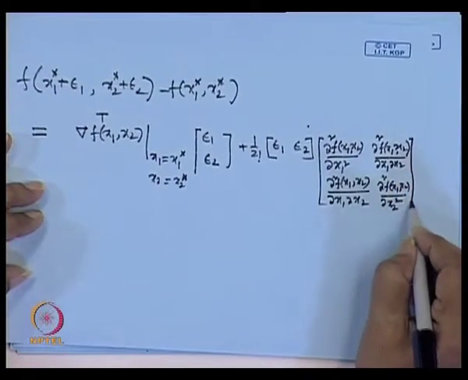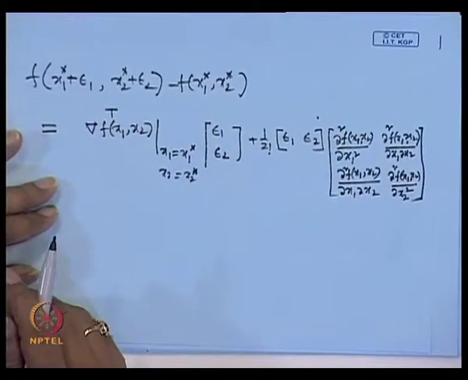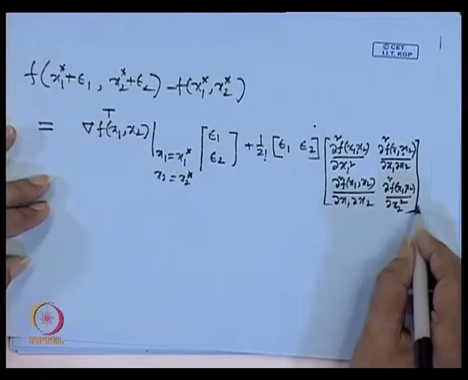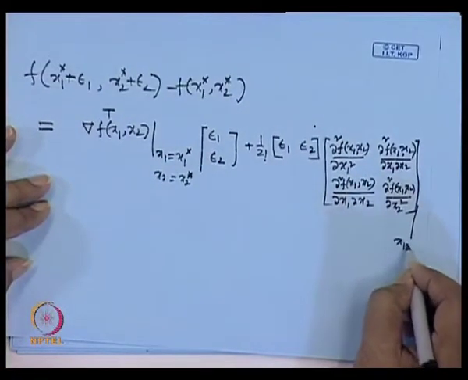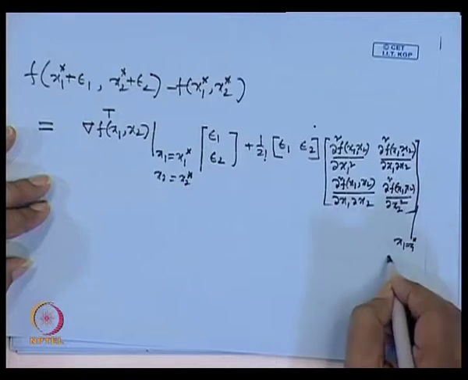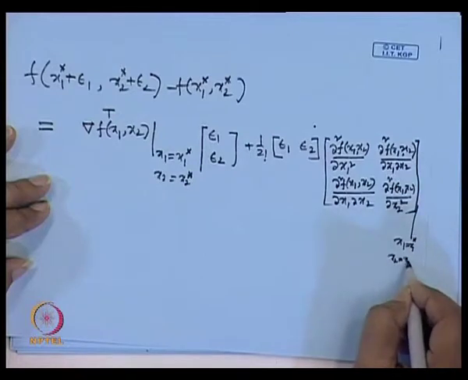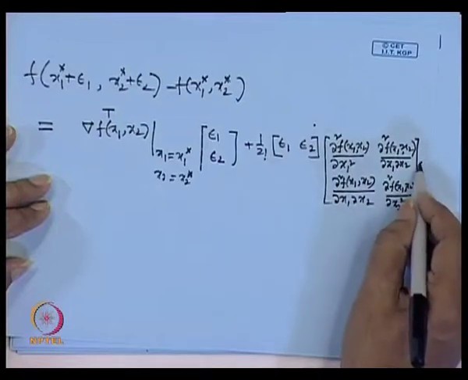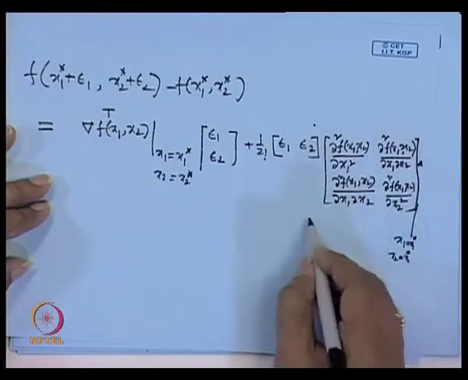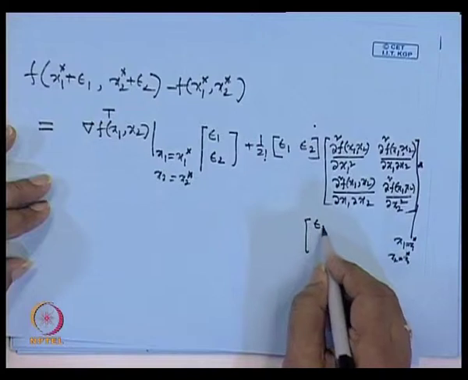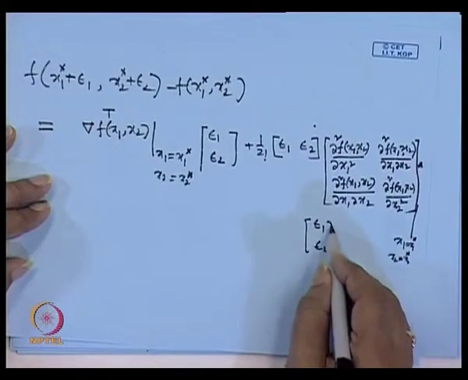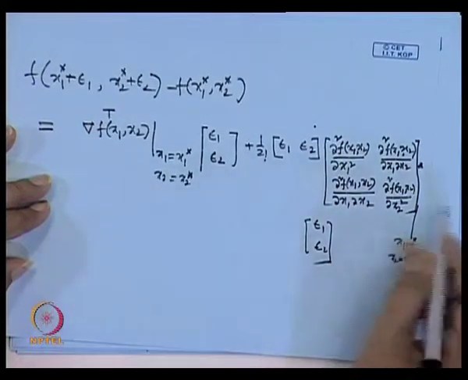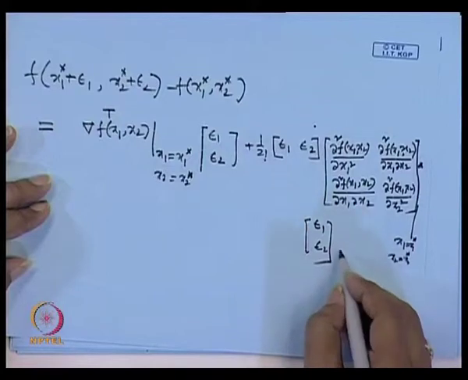And this value you have to calculate at x 1 equal to x 1 star and x 2 equal to x 2 star, into epsilon 1 epsilon 2, agree, and what term is left, plus R.